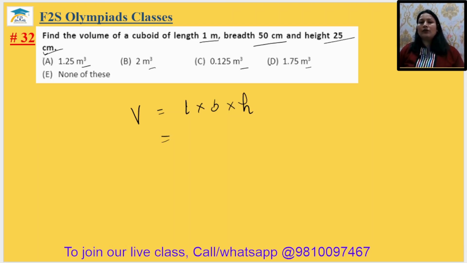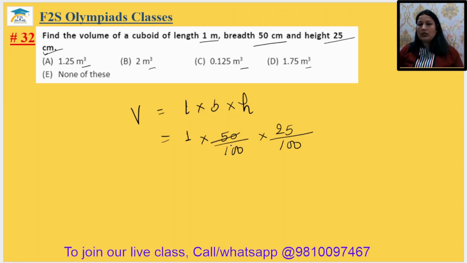So that's why we will just write all the dimension in meter only. So 1 meter will be 1 only and 50 centimeter can be written as 50 upon 100, as we know that 1 meter equal to 100 centimeter and 25 centimeter will be written as 25 upon 100 because 1 meter equal to 100 centimeter and we are converting lower unit to higher unit. That's why we will divide here.